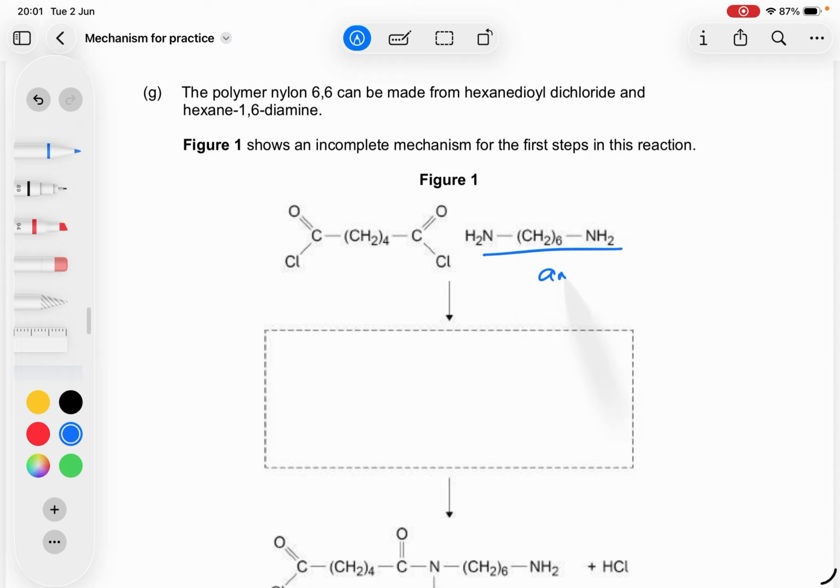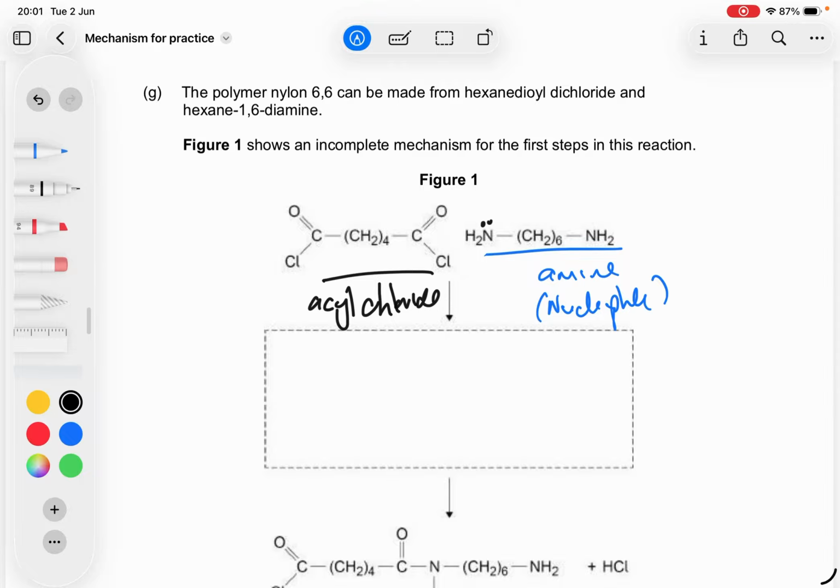You've got an amine. Amines are nucleophiles because a nucleophile is an electron pair donor. So it donates a pair of electrons or shares a pair of electrons to a delta plus carbon. So what happens here? You've got an acyl chloride, so we're going to get an addition-elimination mechanism here.